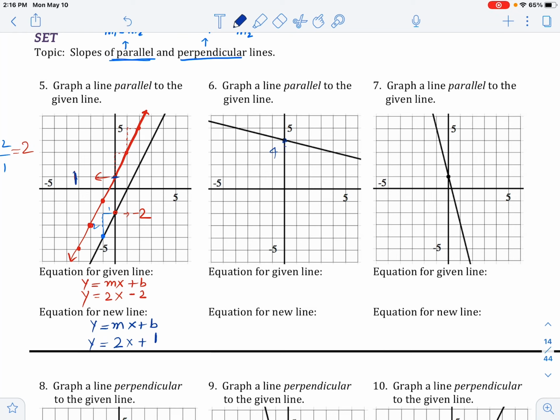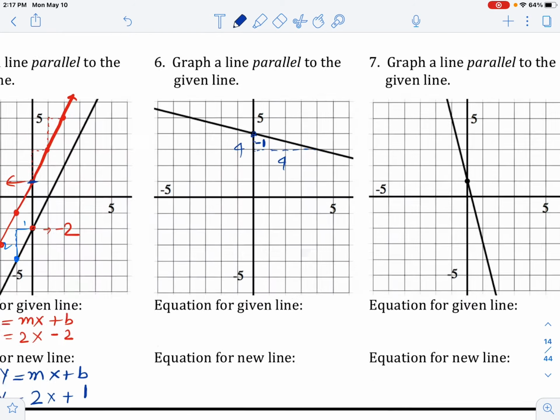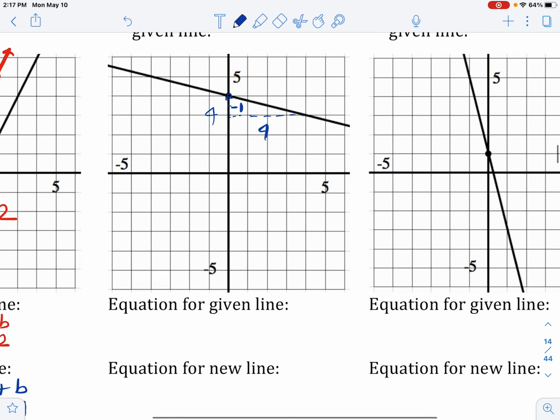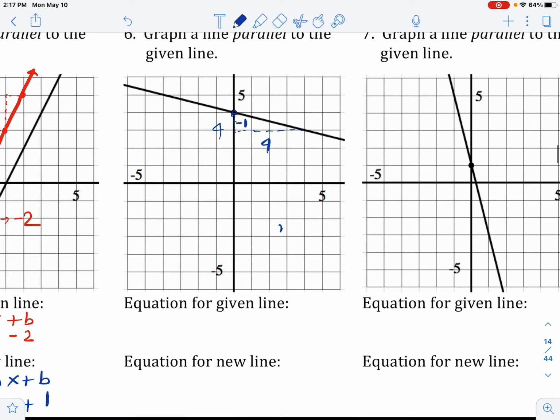You're going down by 1, and then going right by 4. When you go down by 1, that's negative 1, and right by 4. So in that case, my m is negative 1 over 4.